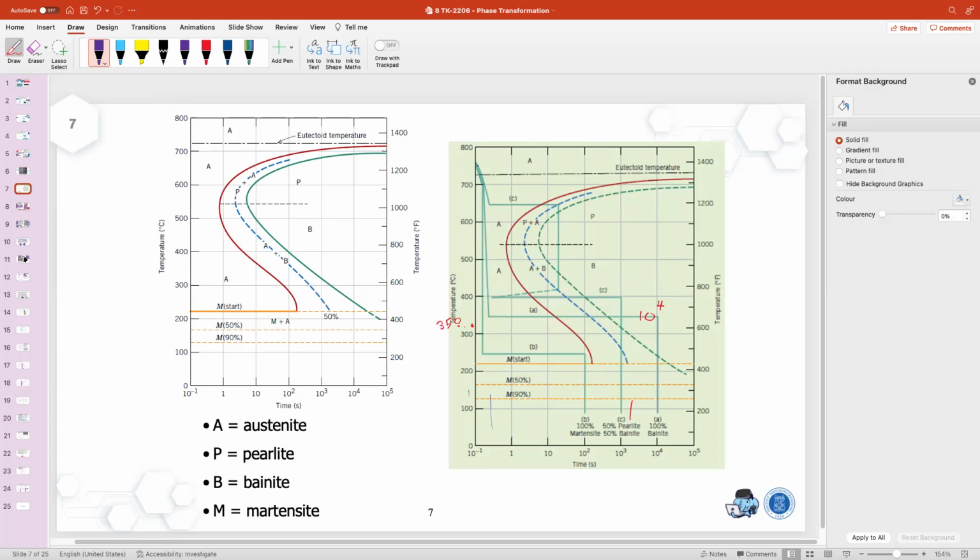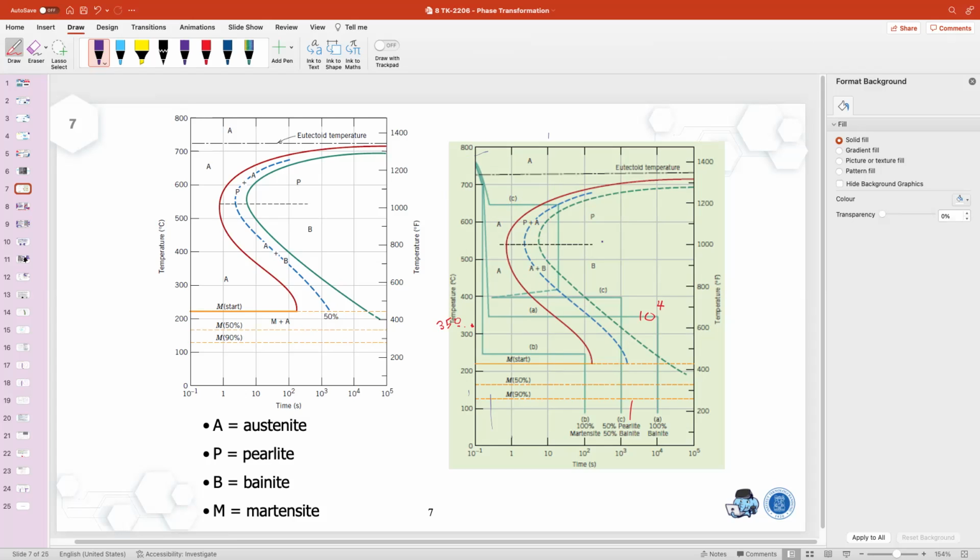Okay, it can be applied in the industry, but still it's not really easy. It is quite tricky to control the temperature. Later on, next year in semester 6, you will learn about process control, and it's very hard if we have to control like this, when we have a sudden drop from quenching and then try to hold it, the temperature can't decrease. Okay, and then yeah, like that.